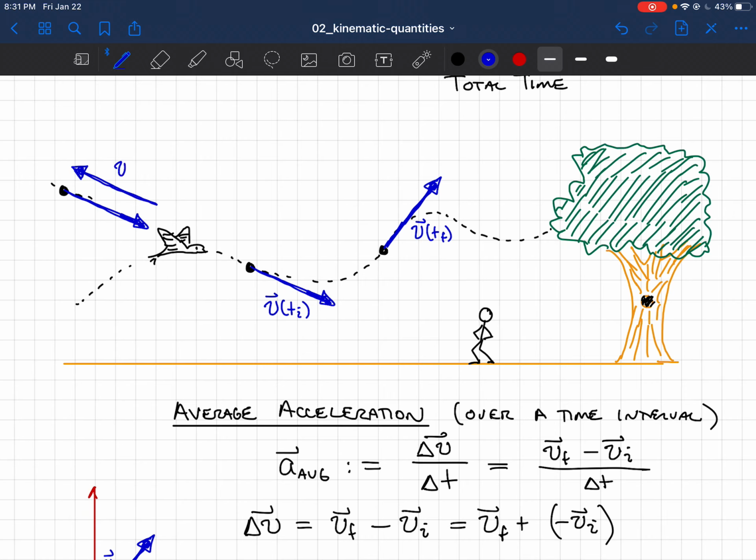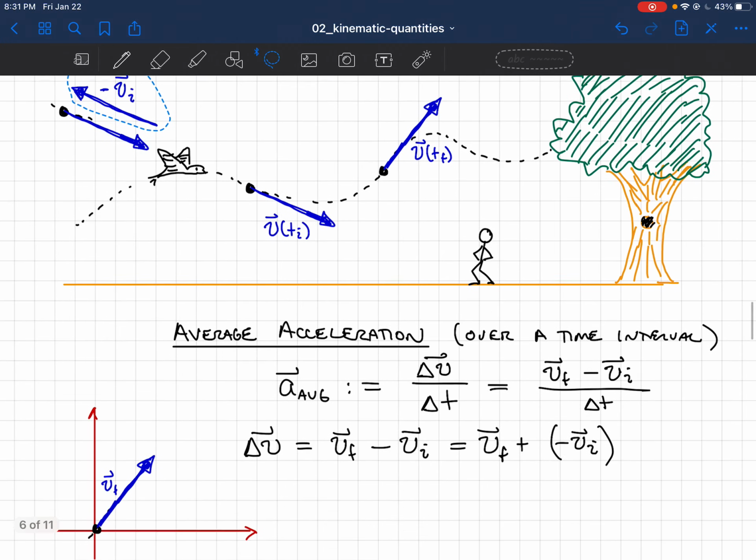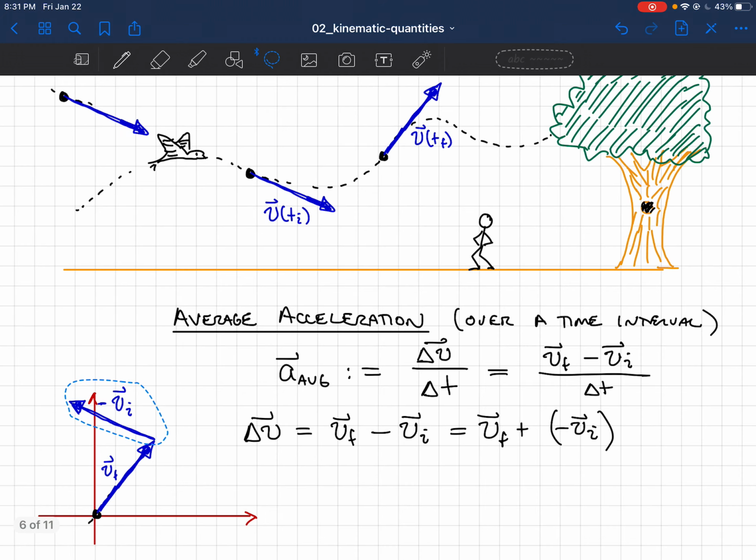So it points along the same direction, but in the opposite direction. So this isn't the v initial, but it's the minus v initial. And I'm going to add that to my v final vector. And the result that we get, which goes from the beginning to the end, is called the delta v vector.